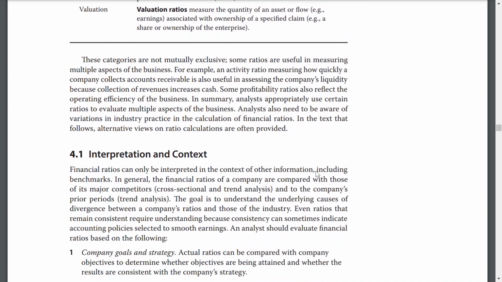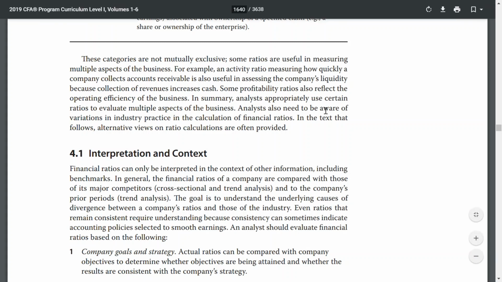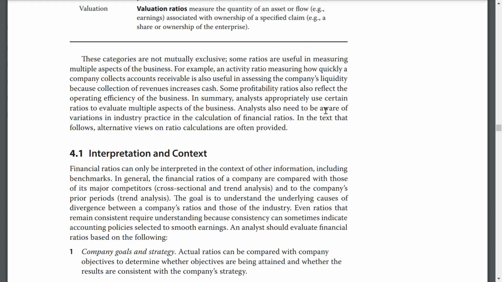The categories are not mutually exclusive. Some ratios are useful in measuring multiple aspects of the business. For example, an activity ratio that measures how quickly a company collects accounts receivable is also useful in assessing a company's liquidity because collection of revenue increases cash. Some profitability ratios also reflect the operating efficiency of the business.